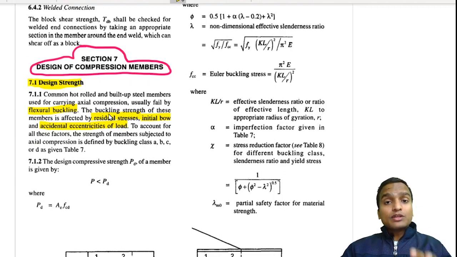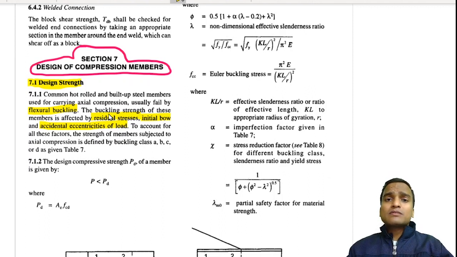So we have to incorporate some factors to compensate for these three imperfections which are basically found in the compression members. And as I have discussed, the design of compression member is critical and little alertness has to be given here in comparison with the design of tension members.